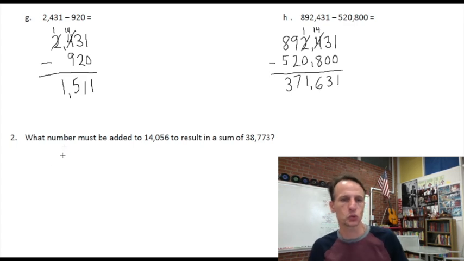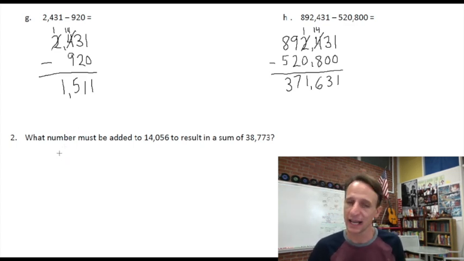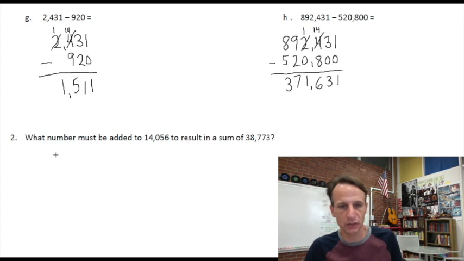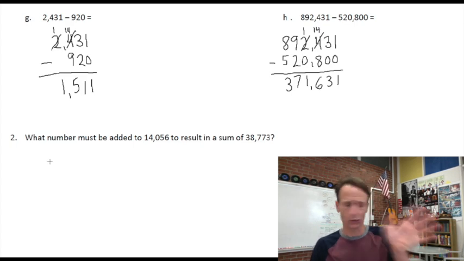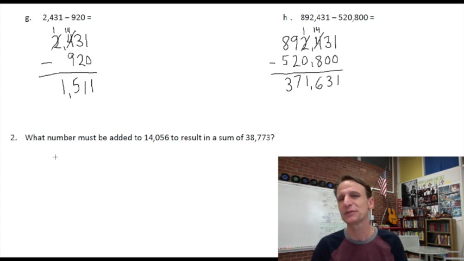All right, number 2. What number must be added to 14,056 to result in a sum of 38,773. What? Okay, so that might seem confusing, but watch, this is the beauty of math. When it says what number, let's call that unknown number.